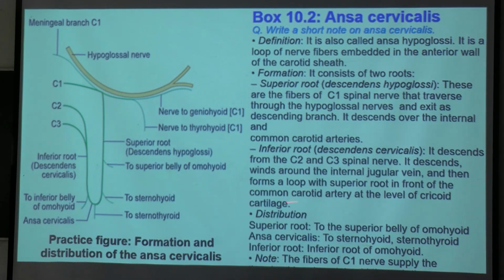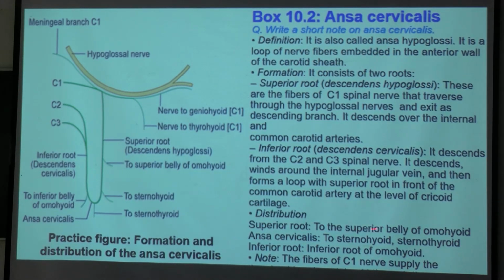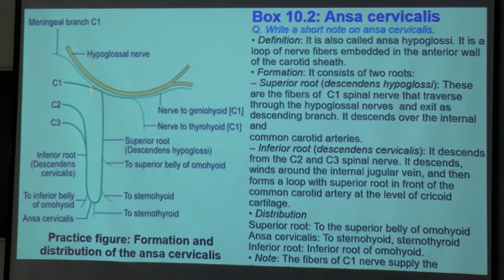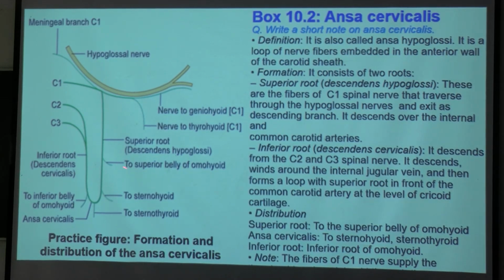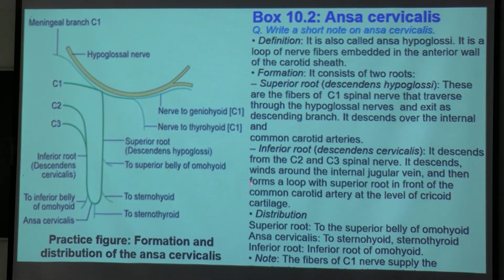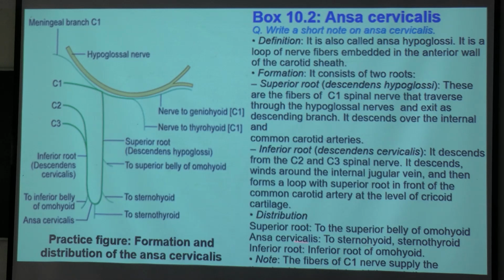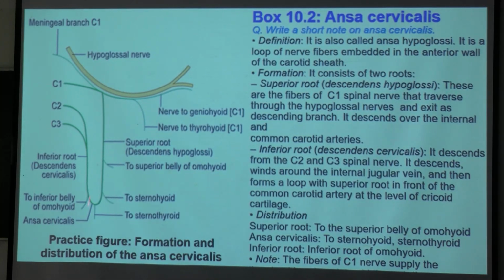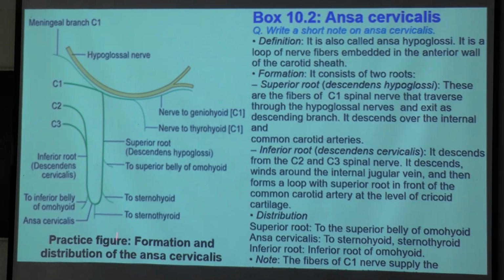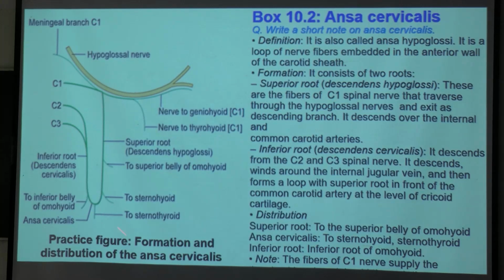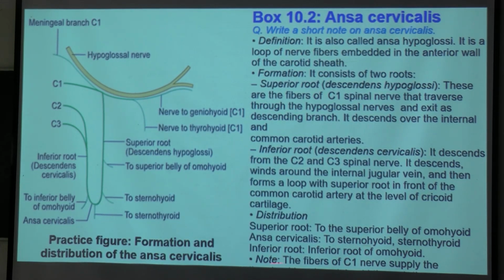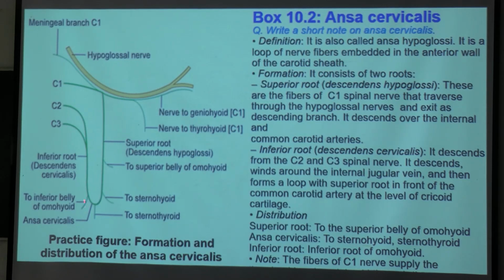Okay, and distribution: the superior root supplies the superior belly of omohyoid. See here, the superior root giving a branch to the superior belly of omohyoid. Okay. And the Ansa cervicalis, this part is the U-shaped loop. It gives branches to sternohyoid, sternothyroid, and the inferior belly of omohyoid.